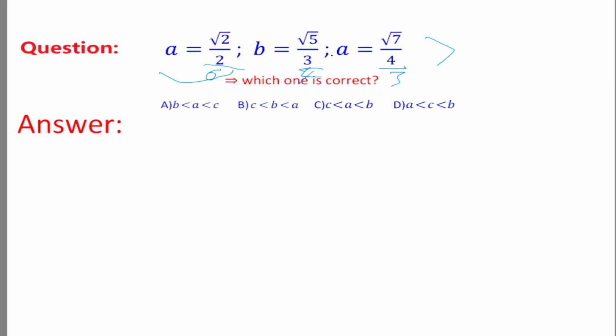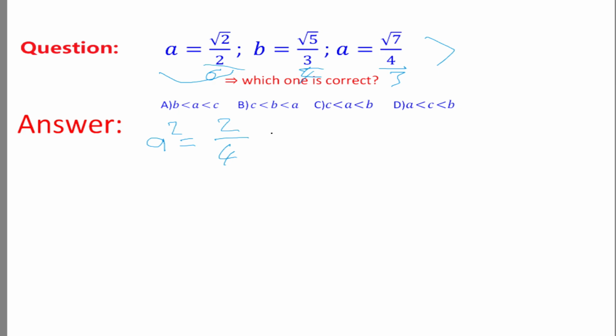In this case, guys, we will take the square of all numbers and write down the answers. So if you take the square of A, which is A square, of course, we're going to have square root of 2 squared is 2, divided by 4. Let's take the square of numerator and denominator both, by the way.